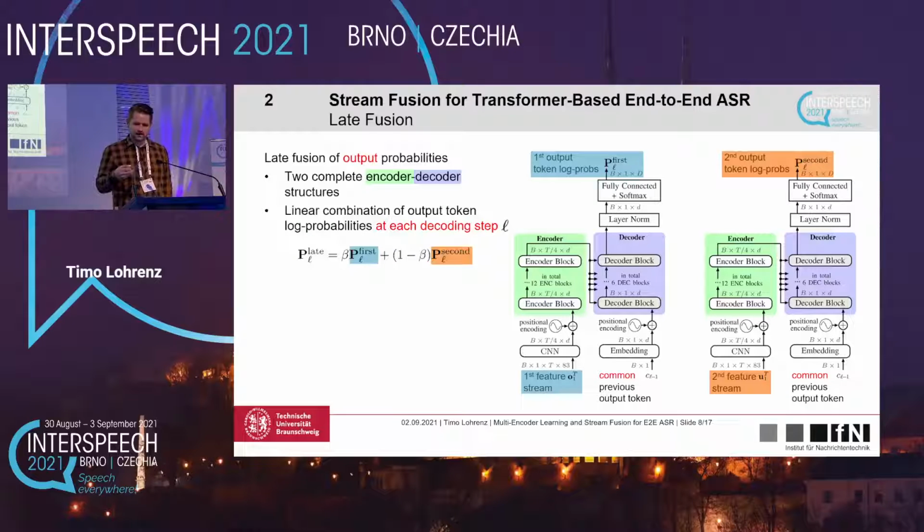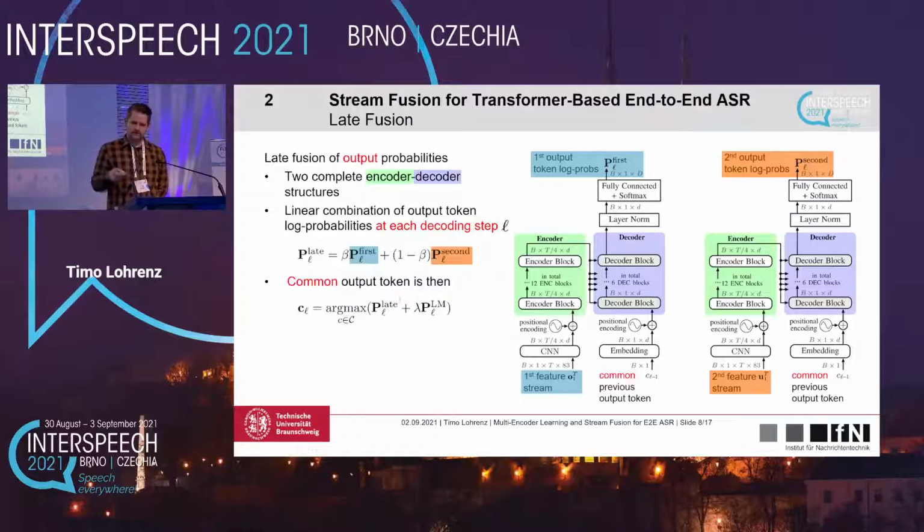But the fusion that we perform here is actually on a step-by-step basis in the decoding process. So we have this decoding time step l, and for each of these time steps, we take both of these posterior vectors and combine them also by some linear combination here.